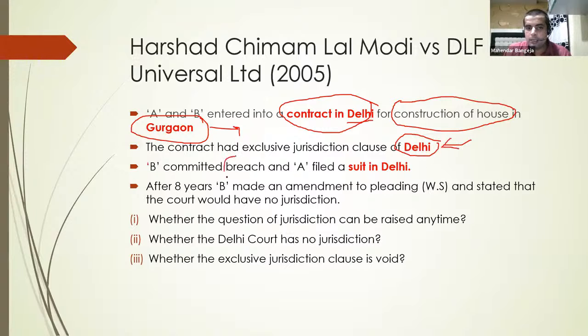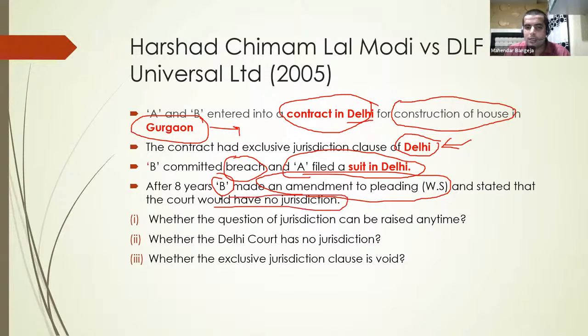B committed a breach and A filed a suit in Delhi. 8 years later, B made an amendment of pleading. He amended the pleading and he said that this court would not have jurisdiction. Delhi court has no jurisdiction.